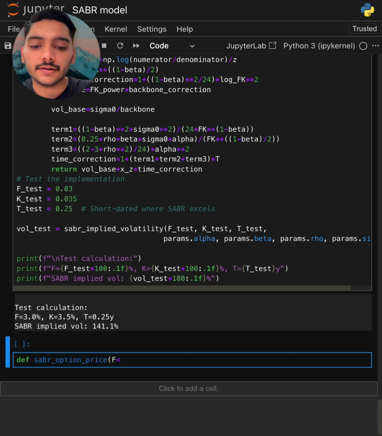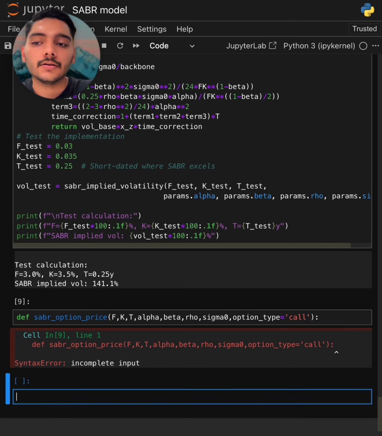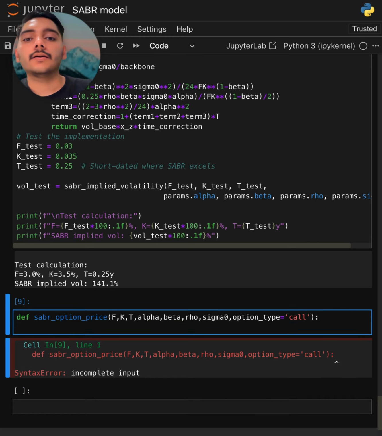Parameters will be f, k, t, alpha, beta, and rho, sigma naught, and the option type is equal to call. So we'll be pricing the options using the SABR implied volatility plus Black-Scholes. So the method will be something like this.